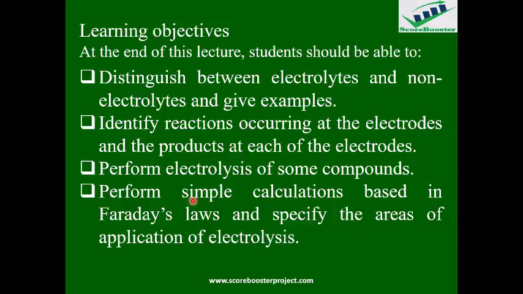We should identify reactions occurring at the electrodes and the product at each of the electrodes. Of course, we must know what an electrode is before we will be able to identify the reactions occurring at each of the electrodes, then the product that is being produced.